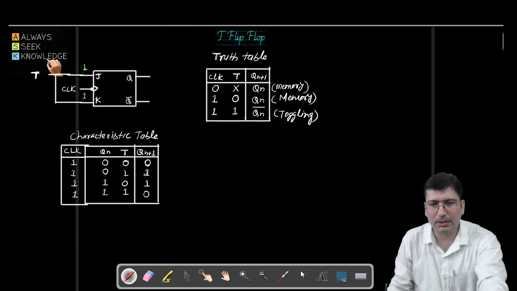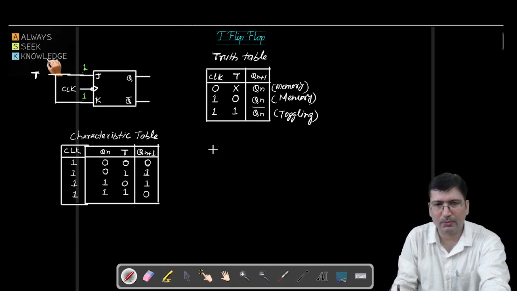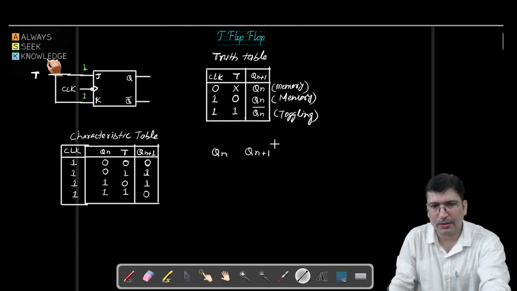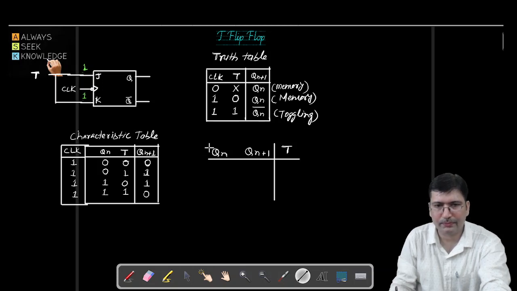Now let's draw the excitation table. So in excitation table, we consider Qn and Qn plus 1. And based on these two values, we try to predict the value of T. So when we draw the excitation table, you can easily draw it.